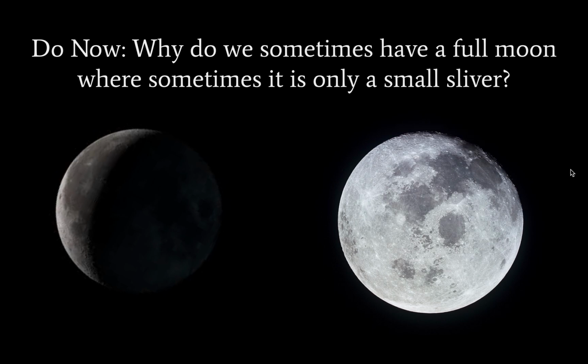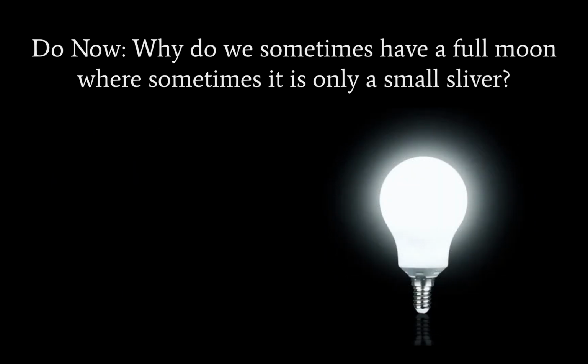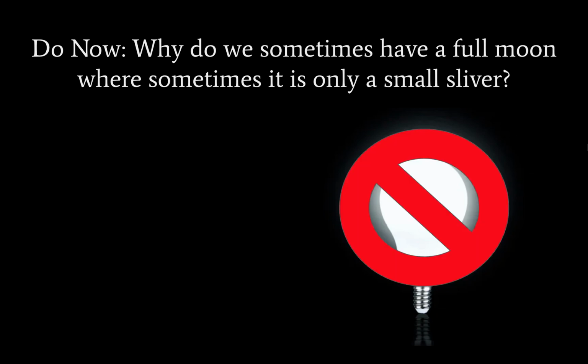Some people think about the moon kind of like a light bulb. But if you think about the moon this way, that would be incorrect because the moon doesn't actually produce any light.